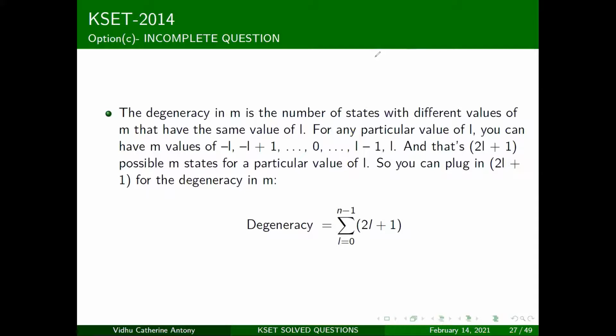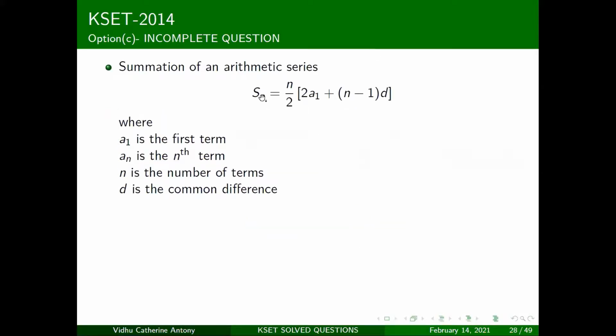Now, once you find all the values you need for the summation, Sn is n divided by 2 into 2a1 plus n minus 1 into d. So a1 is your first term, an is the nth term, n is the number of terms that you require, so I would put that as n itself, and d is the common difference, so that I can get the value in terms of n.